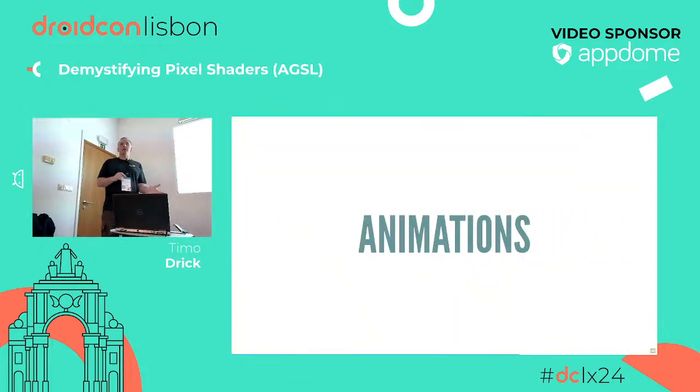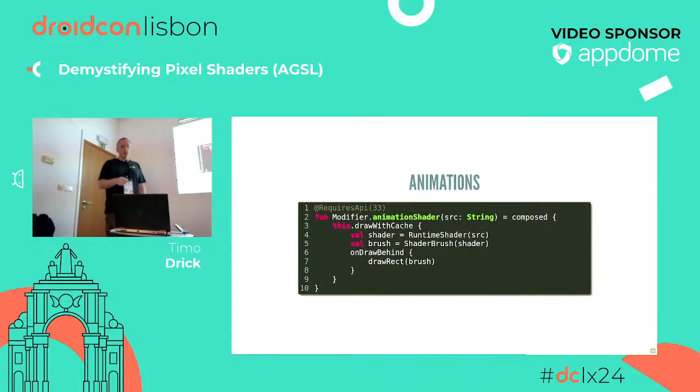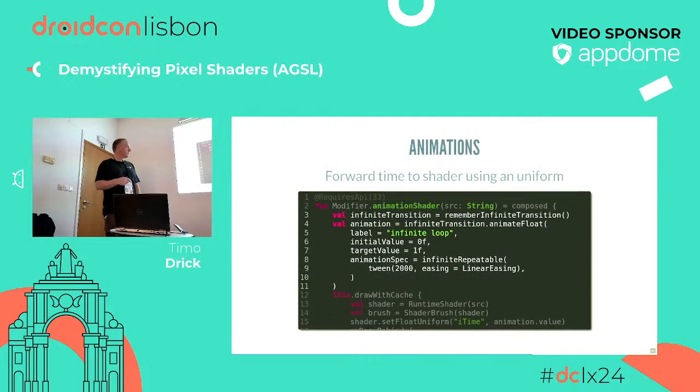Okay, next topic, animations. How can we do animations? So let's create an animation shader. First the Compose code. In this case, I need some variables from Compose, so in the modifier I use the composed keyword. So I can introduce here an animation variable from Compose.